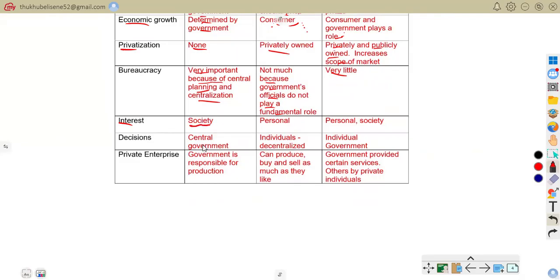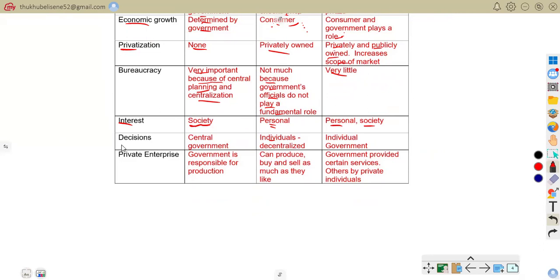That is why it is written for society's benefit. But under market, it says personal, individual. It is for personal benefit. But under mixed economy, it's personal and society. So it means it's both for society as well as individuals.